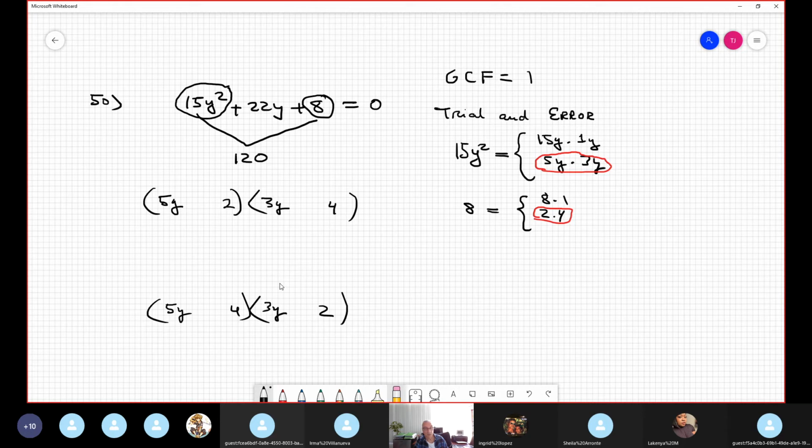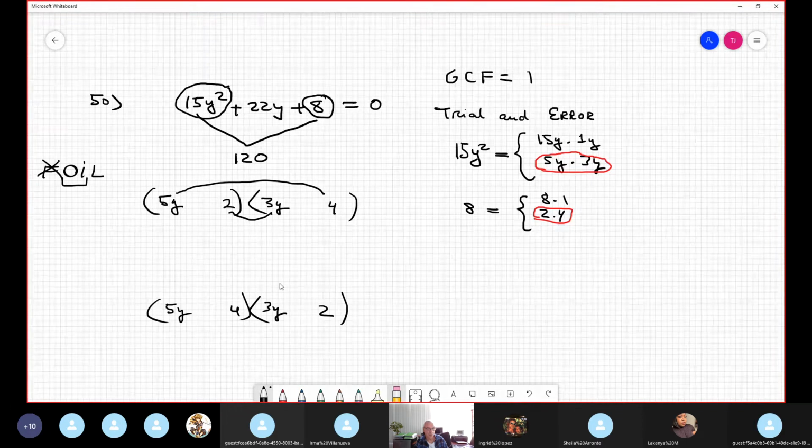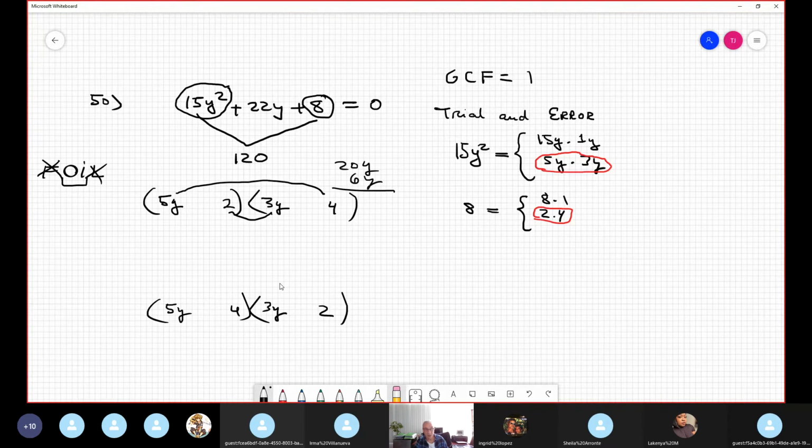Okay. And multiplication here, like a FOIL, but not first, outer, inner, last. You know, only outer and inner. I ignore the first and the last. Entonces 20y and 6y, no? And we combine how? Addition or subtraction?